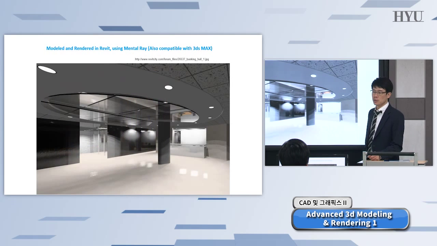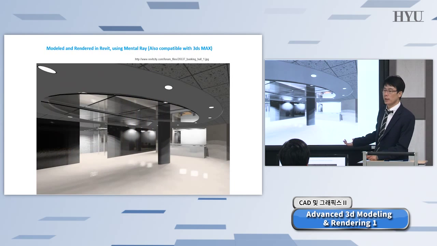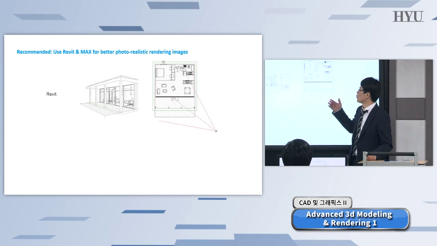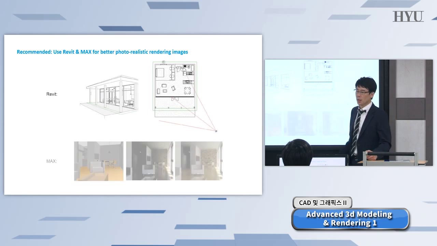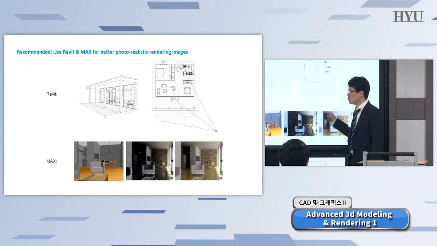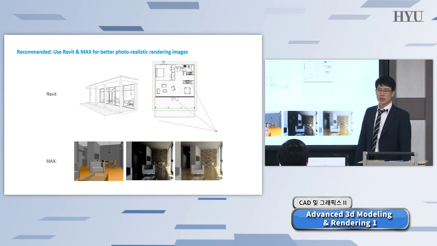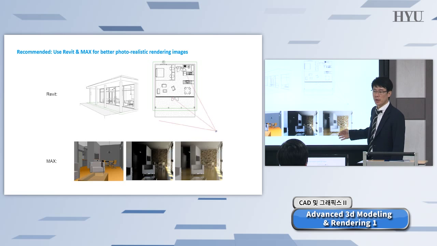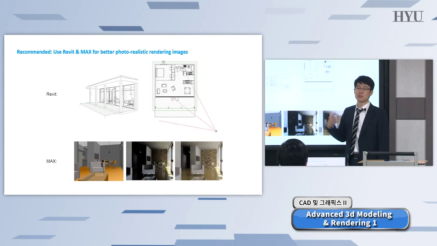And also another render scene example using that Revit model. But usually for much better visualization, you can model in Revit and you can render in 3D Max. Okay, usually you need to assign new material or new texture, but actually you don't need to, because Autodesk Revit and Autodesk 3D Max commonly share Autodesk material.